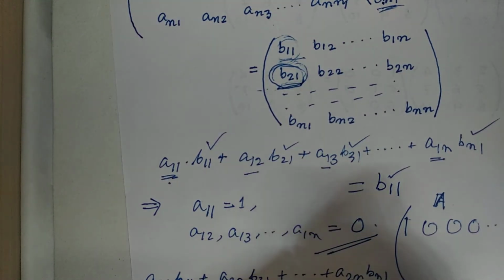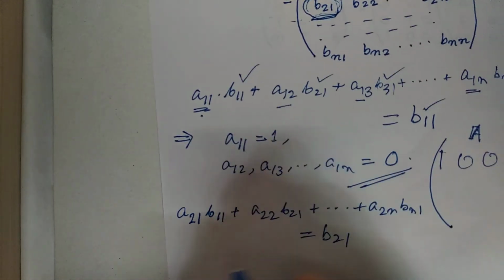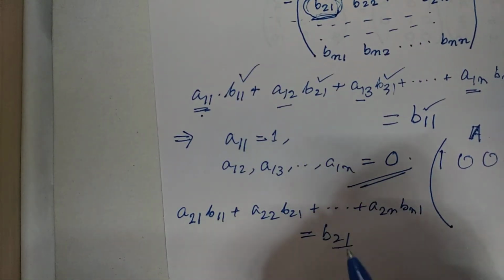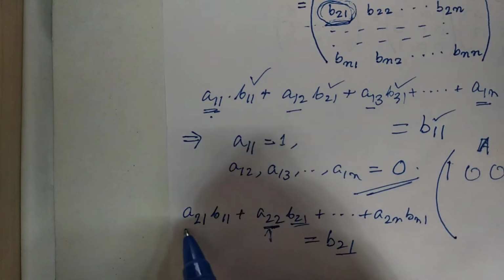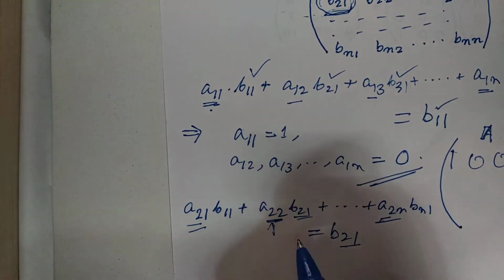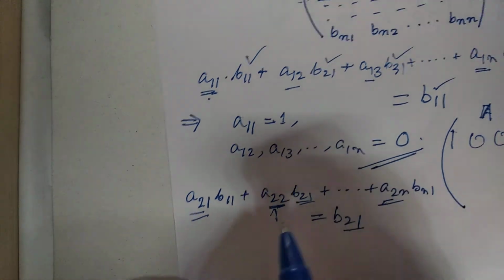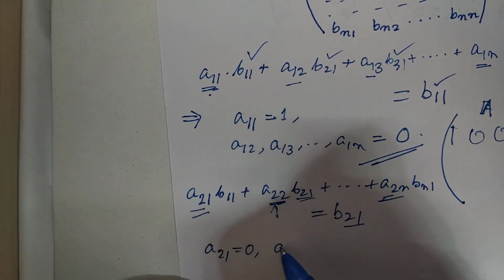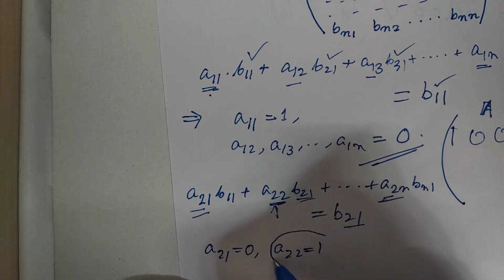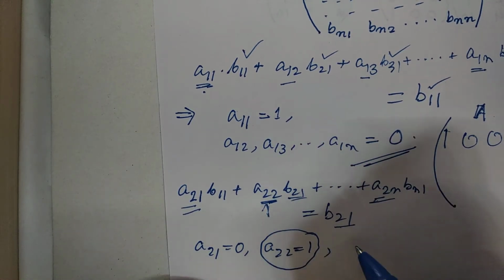The expected result is B21. This is true only if the coefficient of B21 here is 1, and all the other A coefficients are 0 each. That is, A21 equal to 0, A22 equal to 1. This is the only non-zero element.